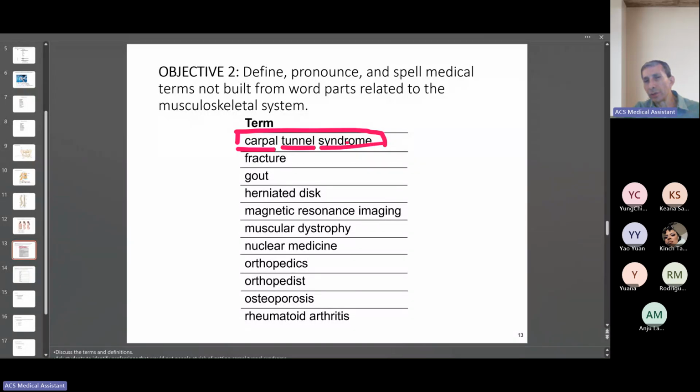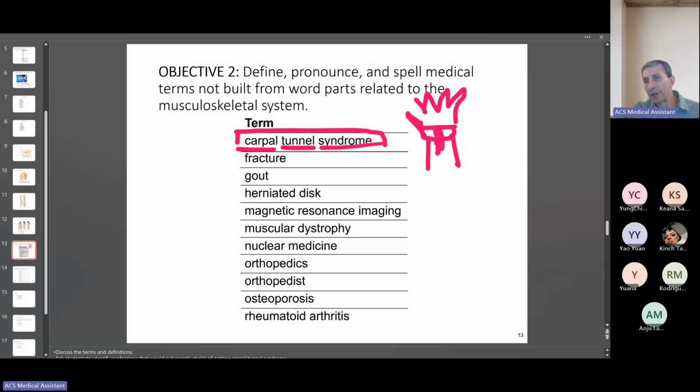Carpal tunnel syndrome. Remember, this is a condition where we have a little tunnel in the wrist of the patient. These are the fingers. Right here on this part of the carpals, there is a little tunnel with nerves passing through. The bones become very narrow, the space where the nerves pass through becomes very narrow.